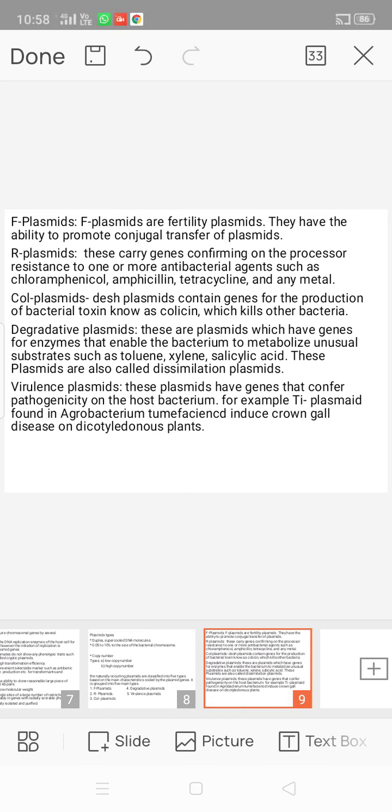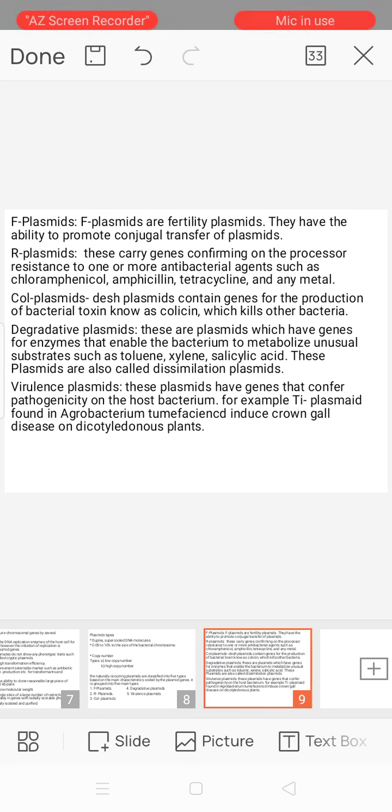They have the ability to promote conjugal transfer of plasmids. These plasmids carry only transfer genes. These plasmids may be denoted as F plus and F minus, which means those having the fertility factor and those without it. These plasmids are not used in gene cloning.